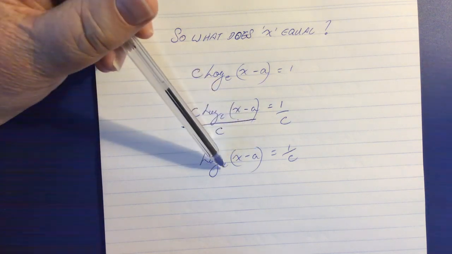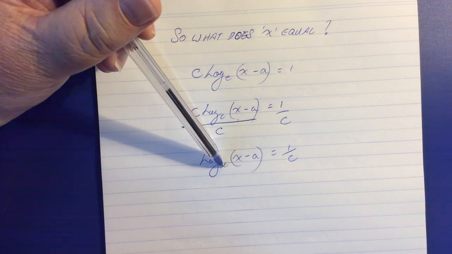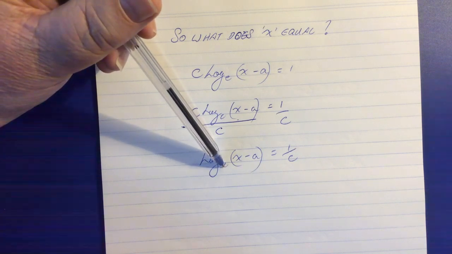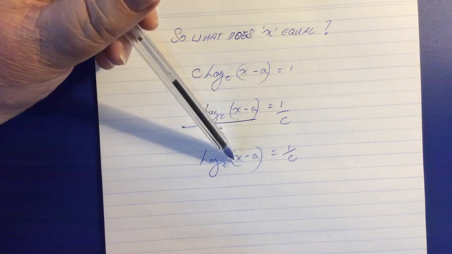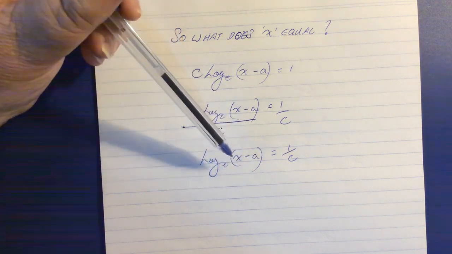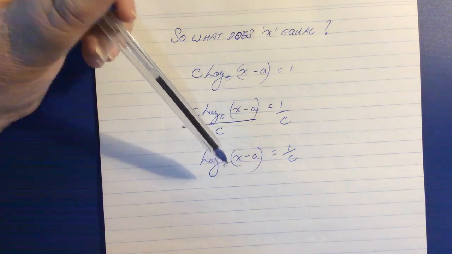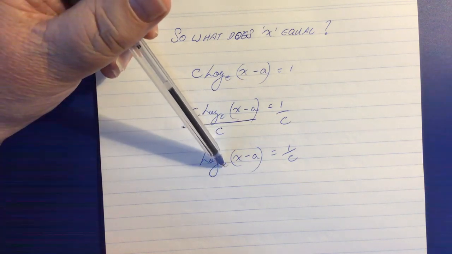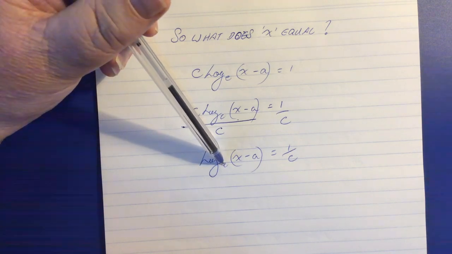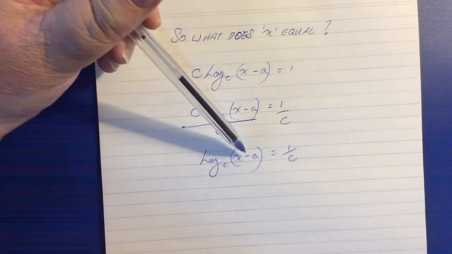We were taught that this is the base, this is a power, and this is the argument. And so we can rewrite this in exponential form. So this base to this power equals that.